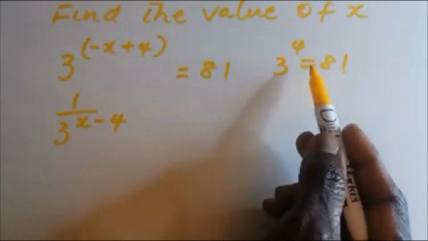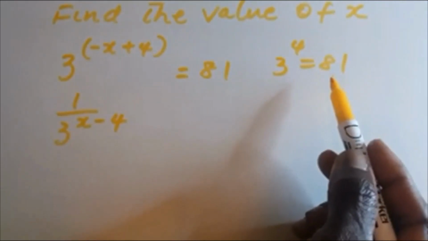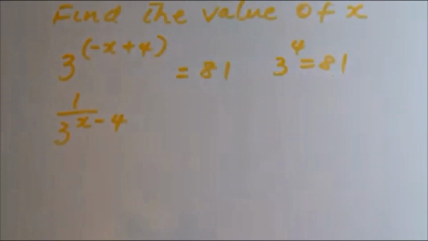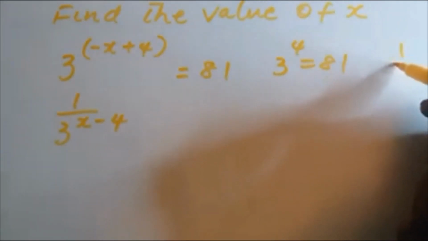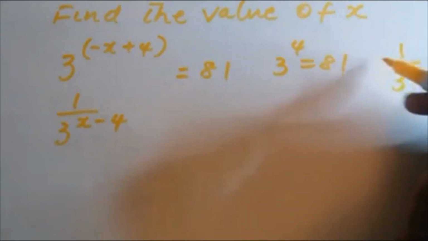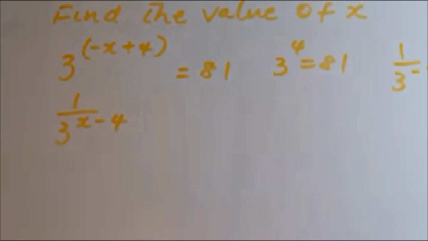And so we could also rewrite 3 to the 4th using a negative index in this case. So that would be 1 over 3 to the minus 4, and that would be the same as 81.